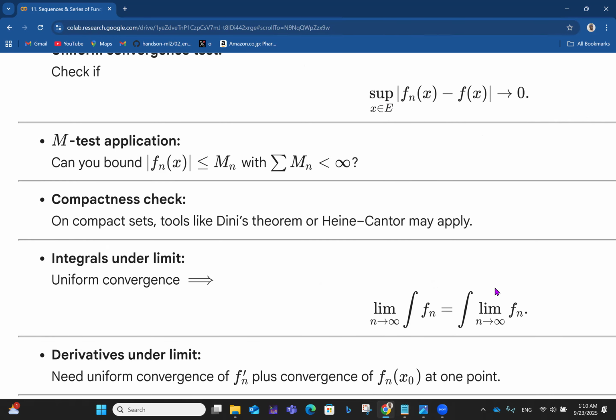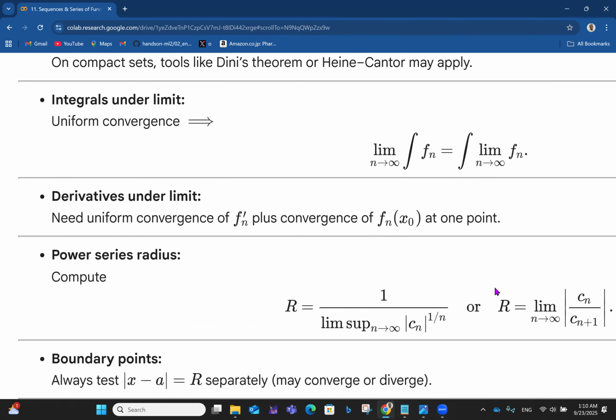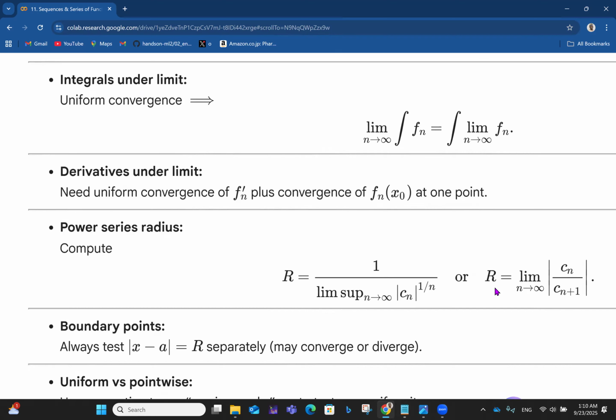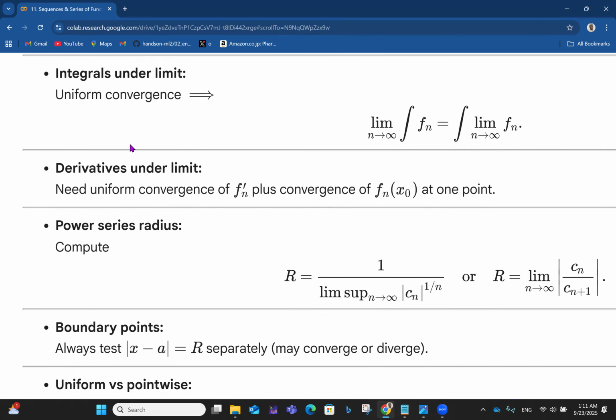Then you can talk about integrals under limits. Uniform convergence simply means that the limit as n approaches infinity of the integral of fn is the same thing as the integral of the limit as n approaches infinity of fn. So that's integral under limits. Then what about derivatives under limits?